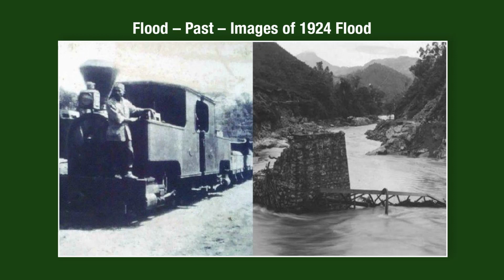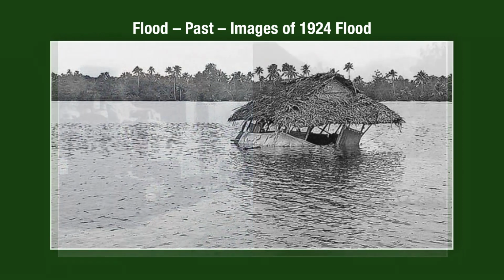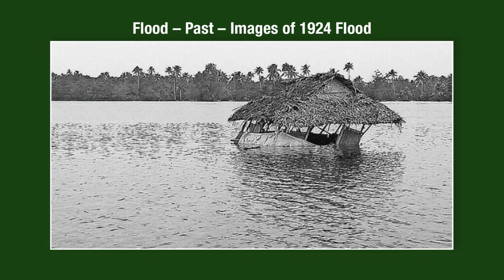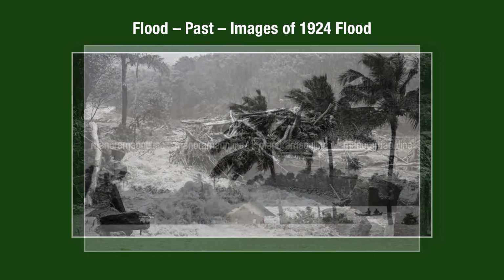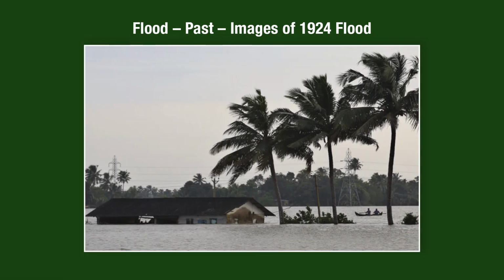Here a set of pictures has been given in this slide. As you can see, they are images of the 1924 mega flood. You are familiar with the flood of 99, Malayalam era 99, which happened in Christian era 1924 to be precise.